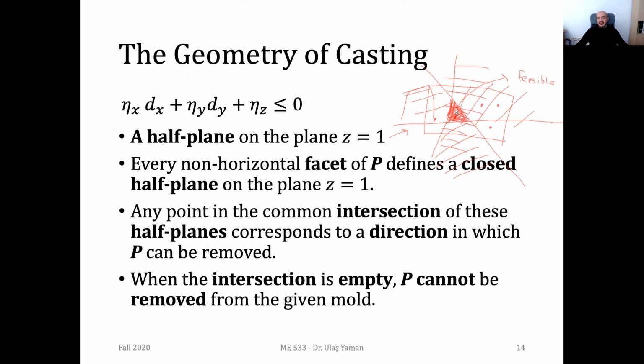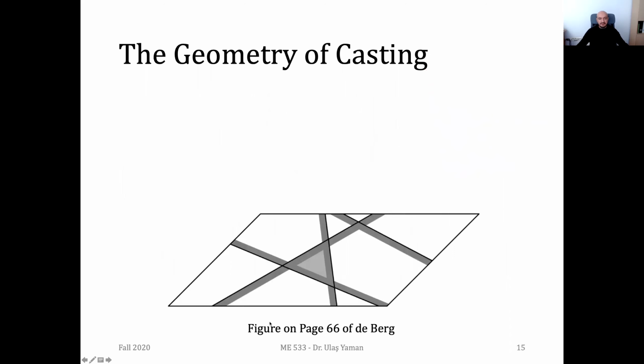So obviously, if we have no intersection of these half planes, then we can simply say that there is no possible mold which can be used to cast this given polyhedron. So here you see, for instance, an example. This is the z equals 1 plane once again, and we have some half planes. By the way, these black lines are representing the lines, and if this gray region is on this side, then that means this is a feasible region for that given half plane.